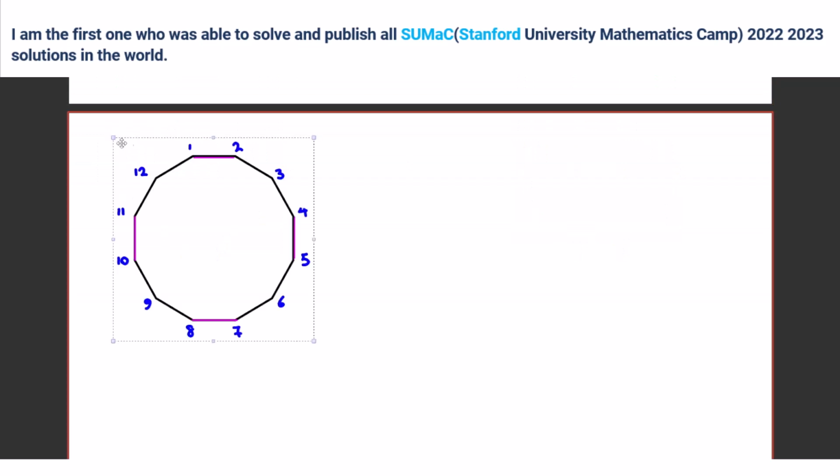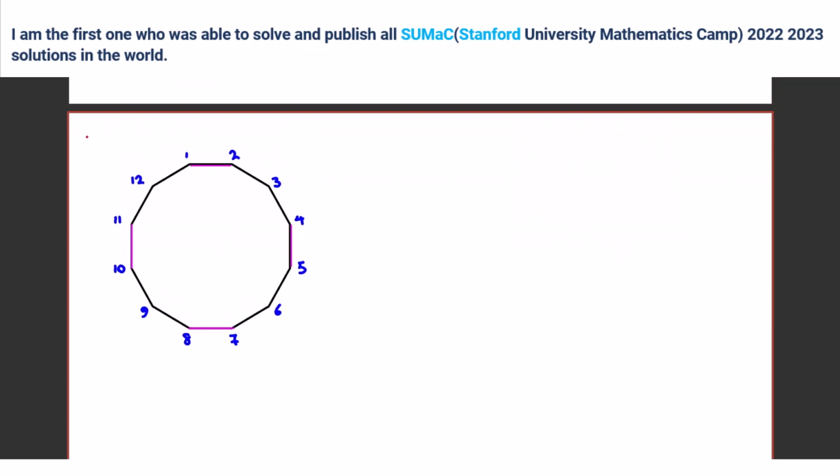I want to draw all lines that are related to case 1. I should draw this one, this one, this one, and also these lines. Now I should see how many rectangles we can find in this figure.